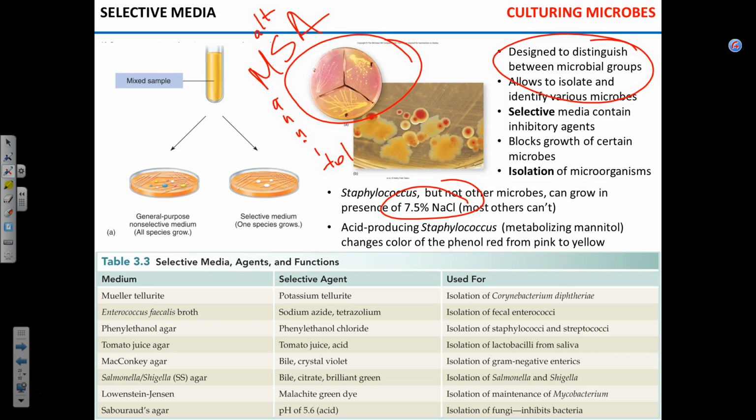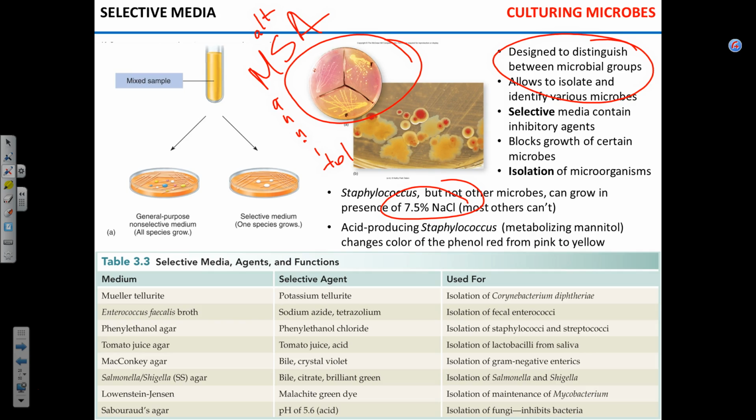This concentration, the only microbe that can grow, well, not only, but among the clinically important ones, is Staphylococci. You already encountered one, Staphylococcus epidermidis. You've heard about Staphylococcus aureus already, right? So Staphylococcus can grow at the high salt, others cannot. So you specifically isolate a genus, okay? So that's your salt component.